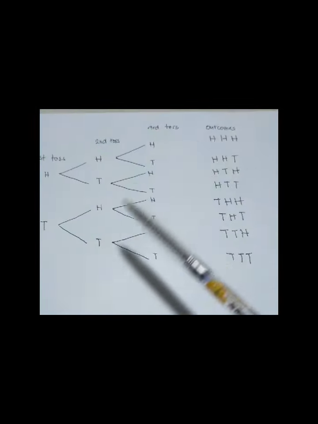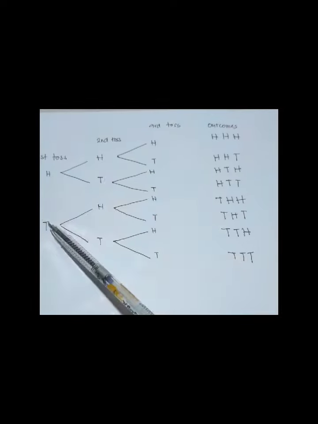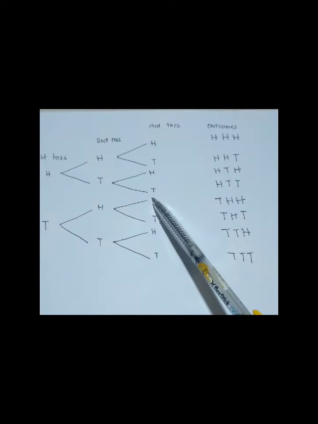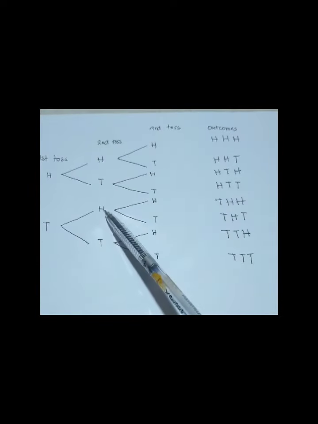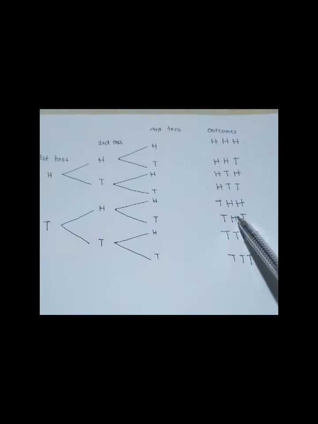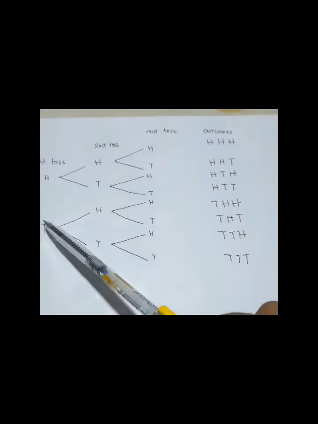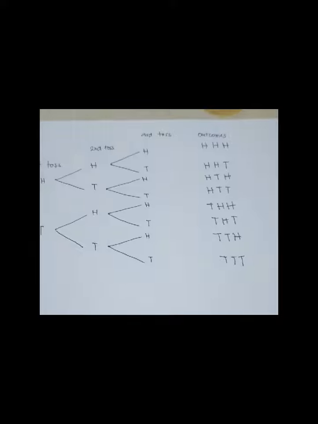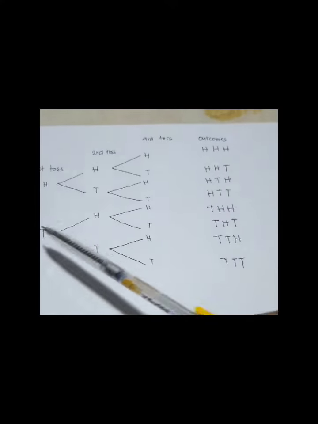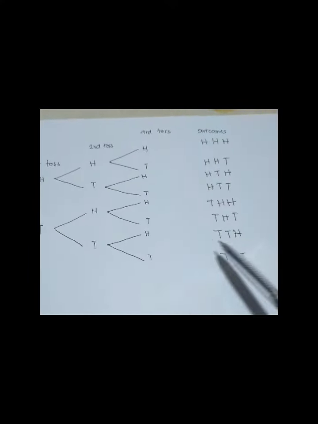Then the fifth possible outcome will be tail, head, head. Then the sixth possible outcome will be tail, head, tail. Then the seventh one will be tail, tail, head. Then the eighth possible outcome will be tail, tail, tail.